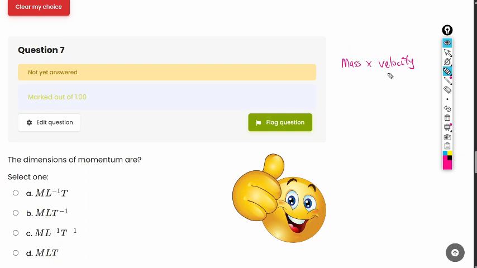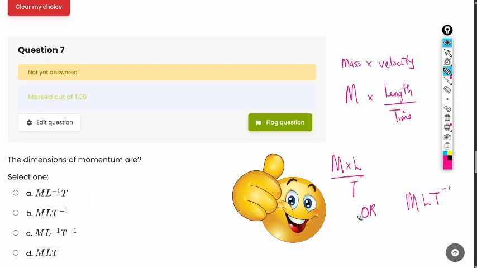Your mass is already fundamental, that is M, but your velocity is distance over time, so that's length L over time T. So this is basically M times L over T. You could see it this way, or you could also see it written as M L T raised to the power of -1. That's option B. That's for question 7.